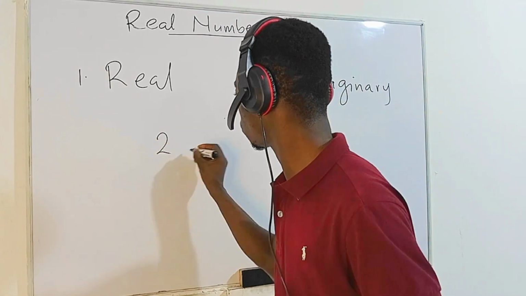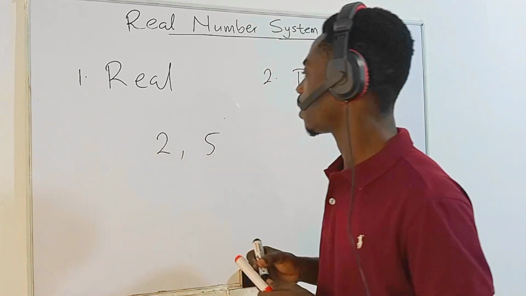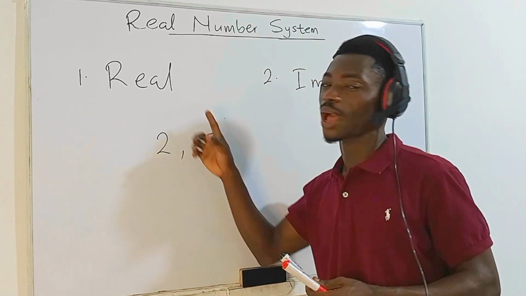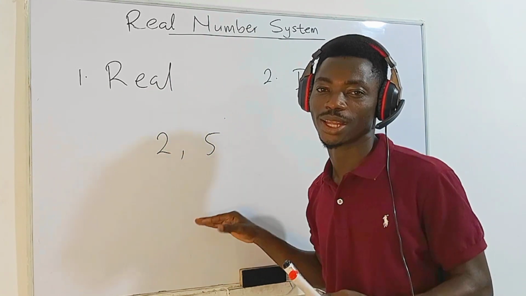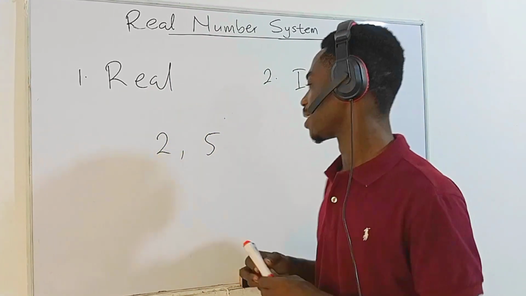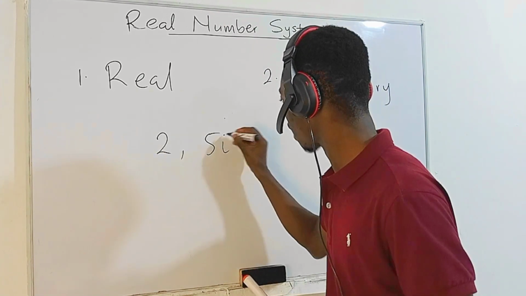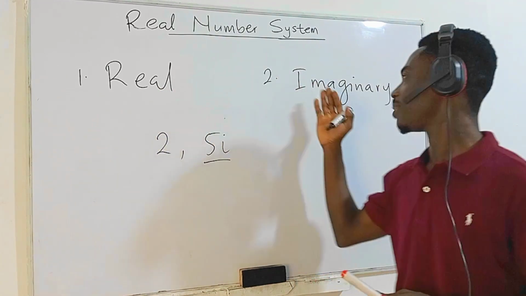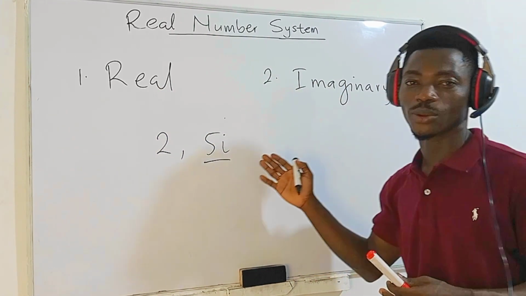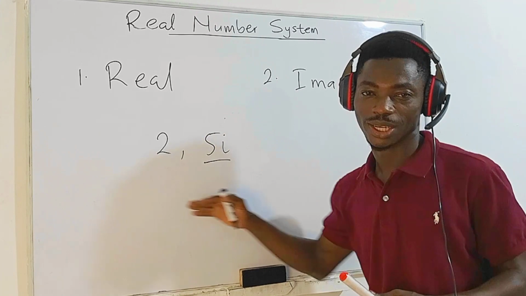Let's say we have 2 and 5. Both of these numbers are real numbers simply because we can represent them on the number line. Now, check this. As soon as I attach i to this 5, it is no more real but imaginary, simply because we cannot represent this number on the number line.